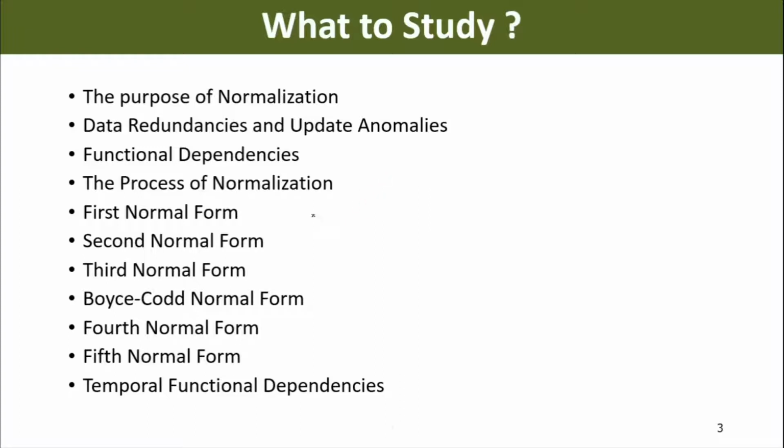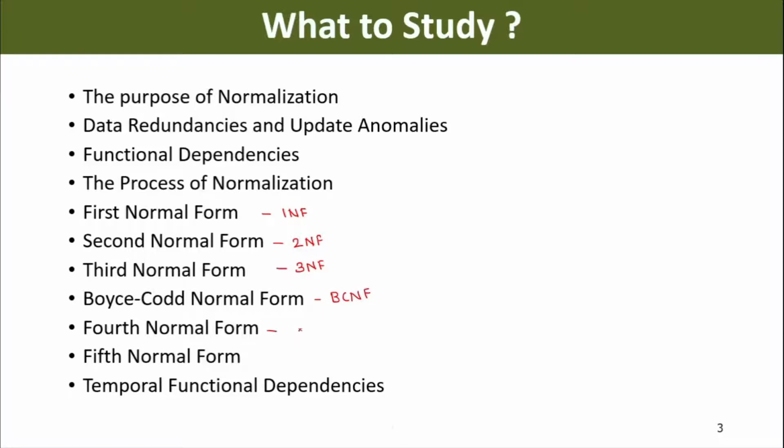The first normal form, typically known as 1NF. Second normal form, known as 2NF. Third normal form, known as 3NF. The Boyce Codd normal form, abbreviated as BCNF.